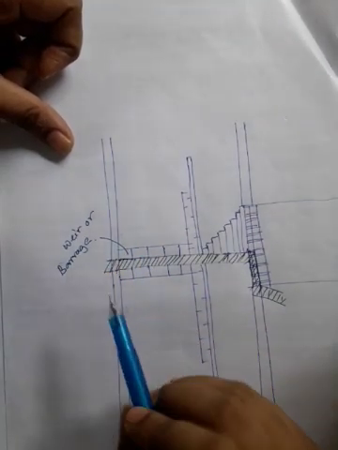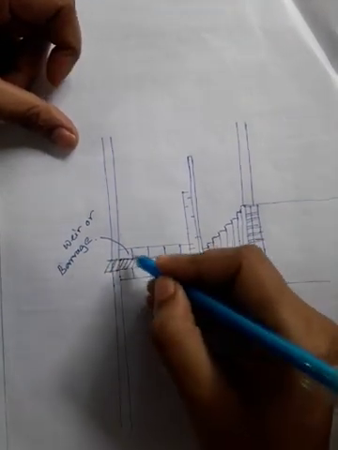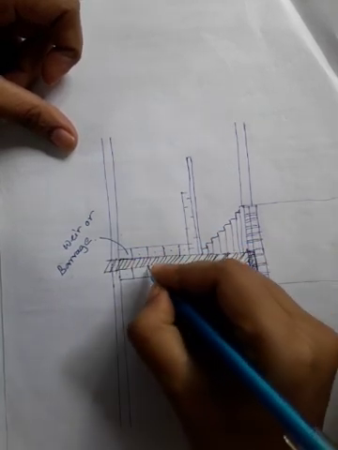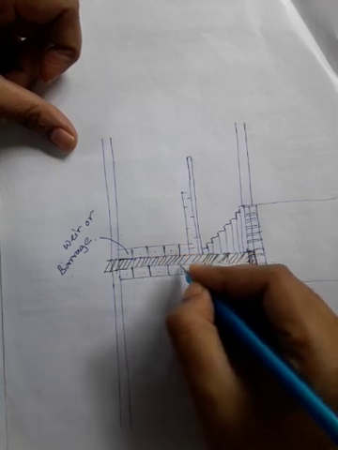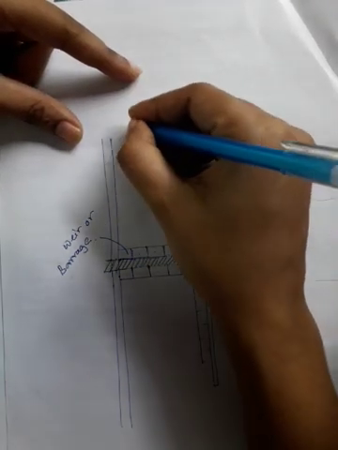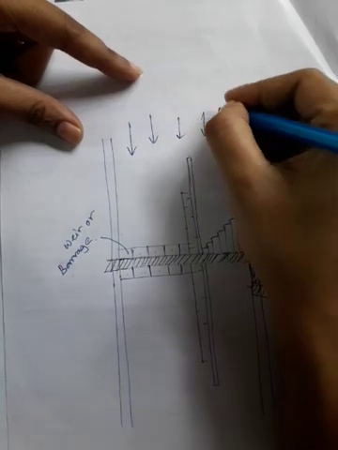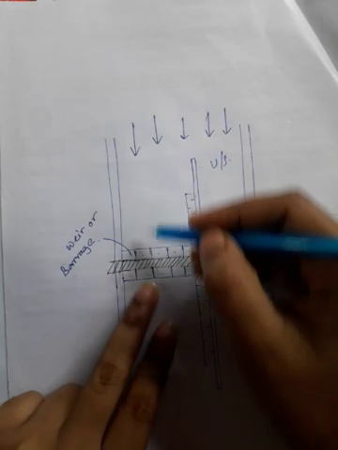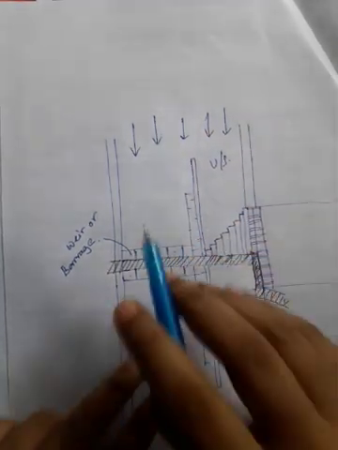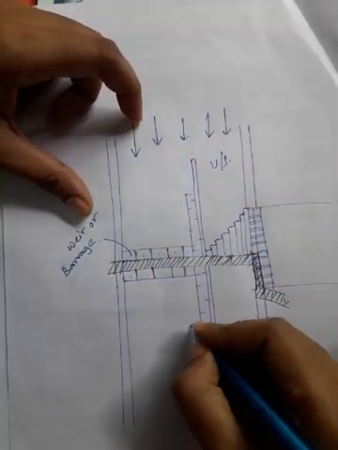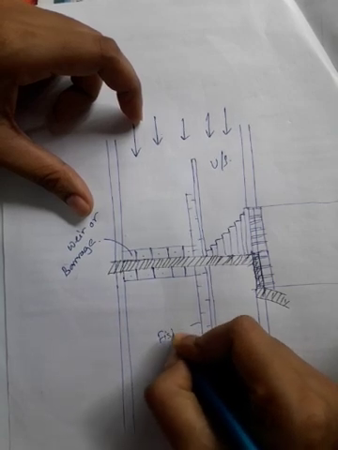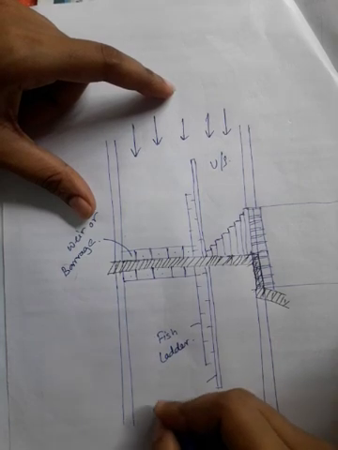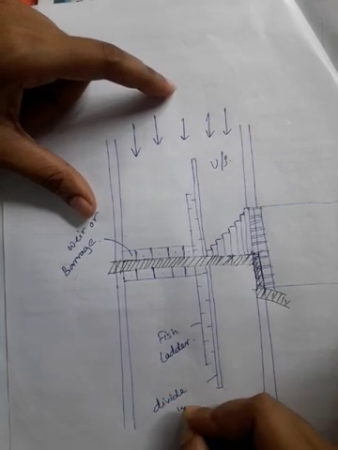So this weir or barrage, suppose this is a weir, so these are the bays which are divided by the piers. The water flow is coming from this side, this is the upstream side. So this will go through this weir, and this is the fish ladder. This is the divide wall.